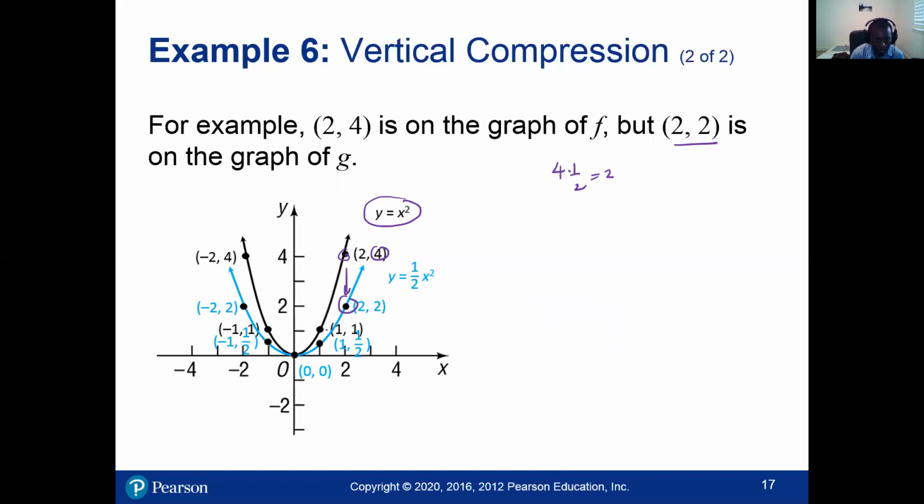Okay, this point, which is 1, 1, if you multiply the y coordinate by 1/2, you get 1/2. So this becomes this point. Again, on this side, this goes to that, and this point becomes that point. Okay, so the blue curve represents g of x, which is 1/2 of x squared.